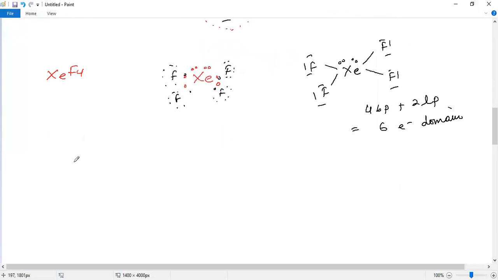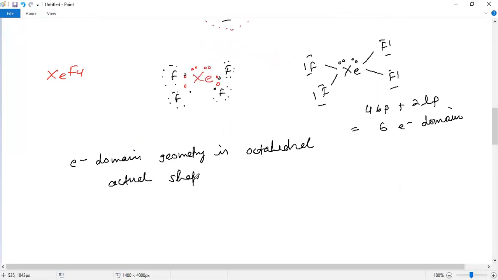So the electron domain geometry is octahedral. But the actual shape is different because of the presence of 2 lone pairs. The actual shape is called square planar.